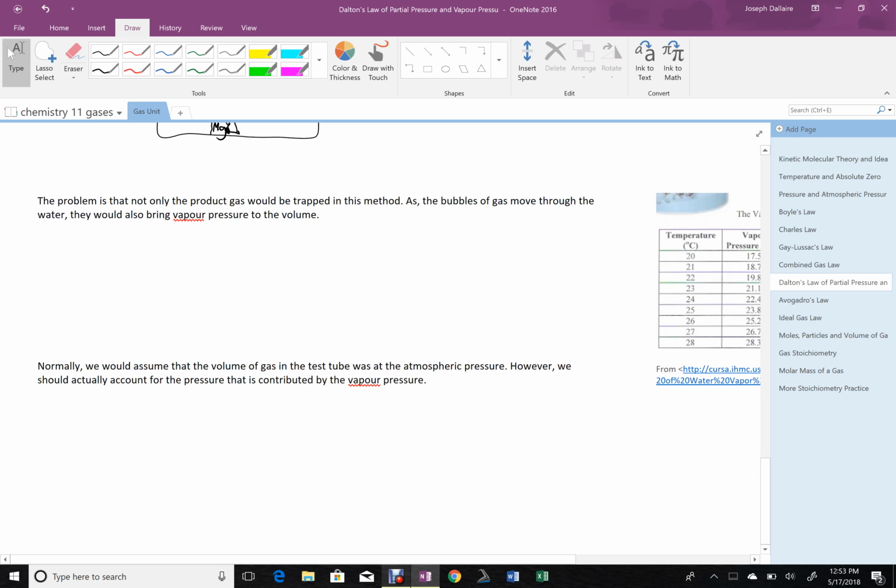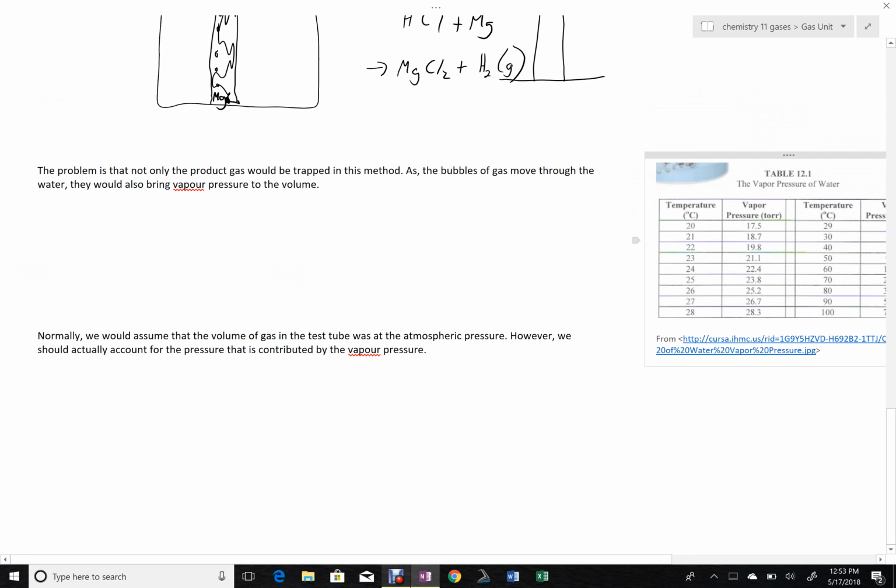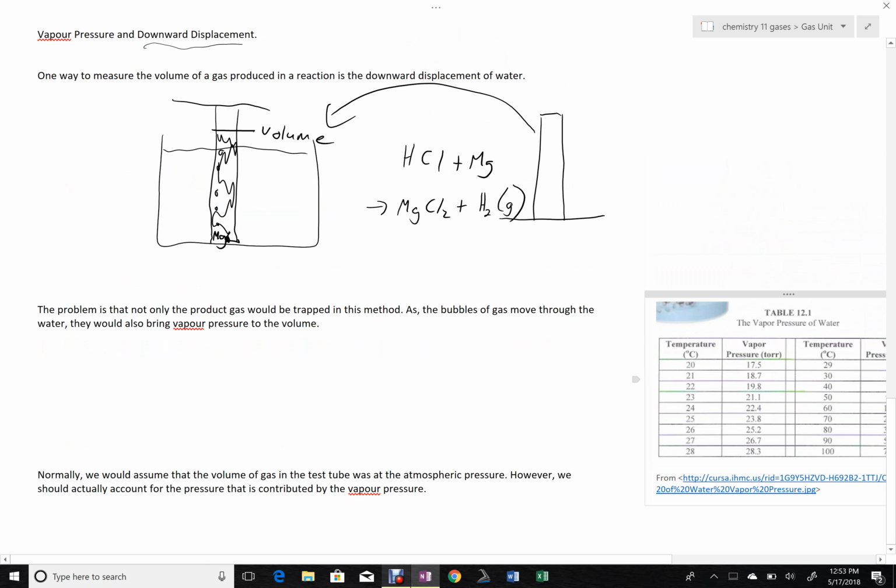One of the problems with this method is that as the gas bubbles through the water, water vapor is going to collect up in the top here. So this gas is actually going to be a combination of hydrogen gas and water vapor.